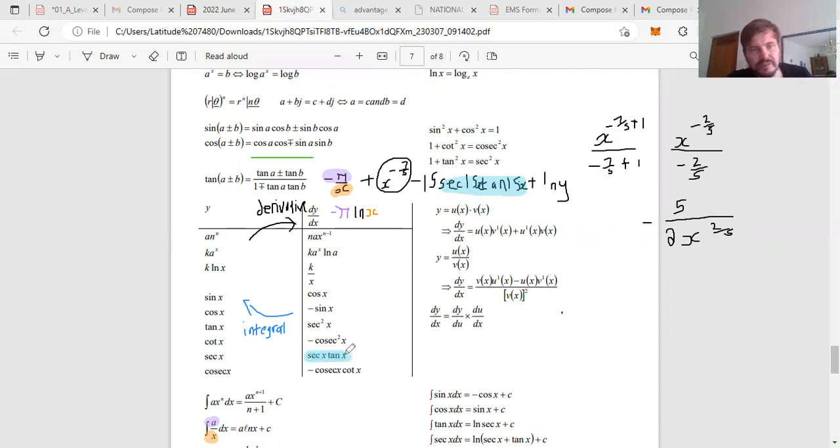And all we have to do, the 15, remember 15 is like the k, it just comes along for the ride. And so that just goes to sec x. So for this one, it's just minus 15 sec x. Sorry, sec 15x.